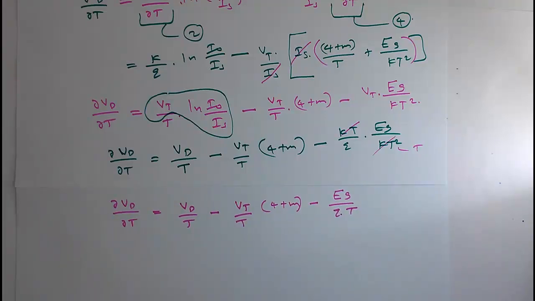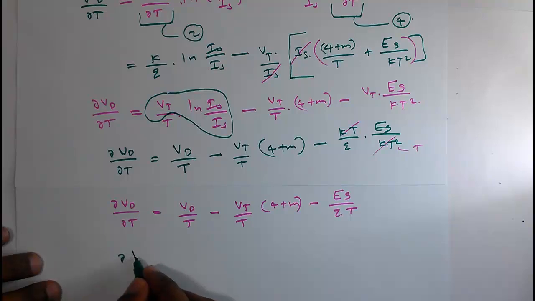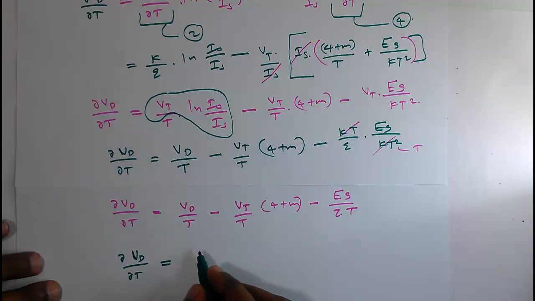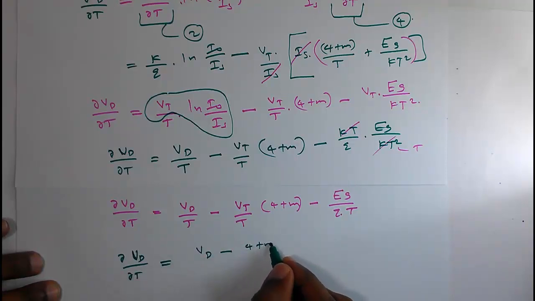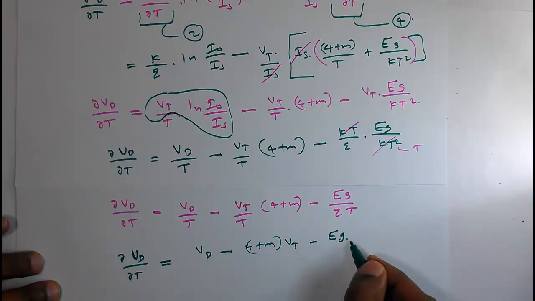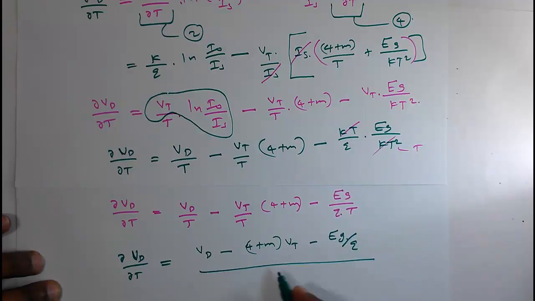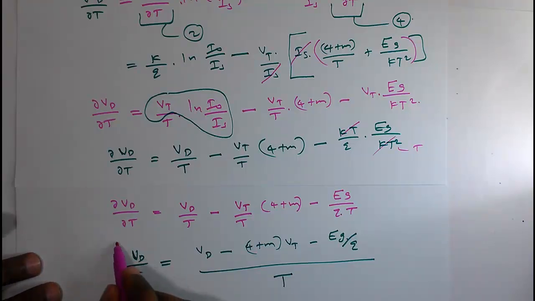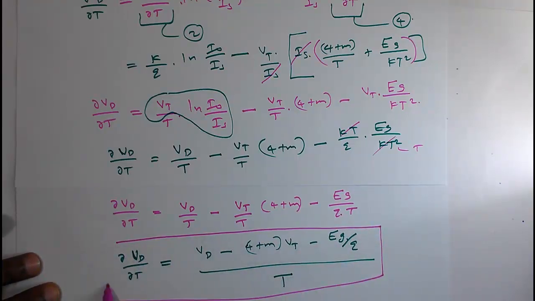Now I can take the T outside, so ∂Vd/∂T equals (Vd minus (4 + m)Vt minus Eg/q) whole divided by T. So this is the final expression for the slope of our CTAT, that is, the rate of change of diode voltage with respect to temperature.